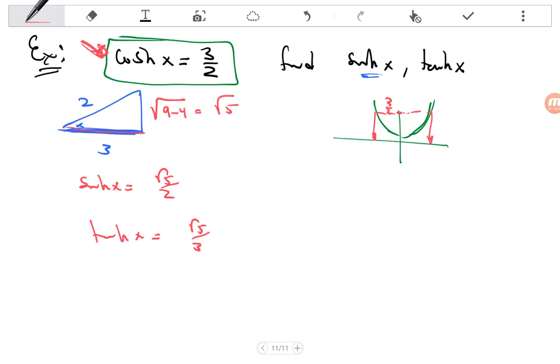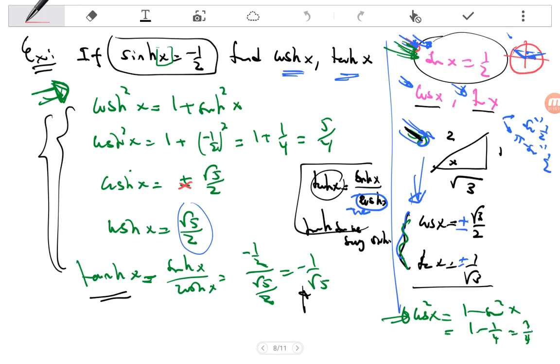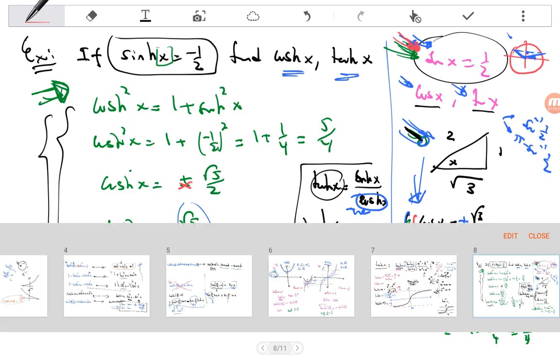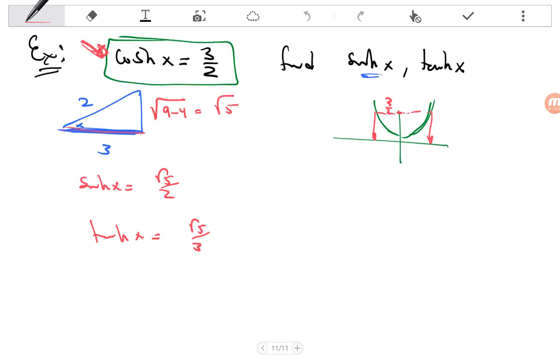Just like when I talked about the trigonometric relation, I told you that this corresponds to two basic angles. That's why the result had two values. And that's why in this case also, when I give you cosh to be equal to some number, it corresponds to two x's.